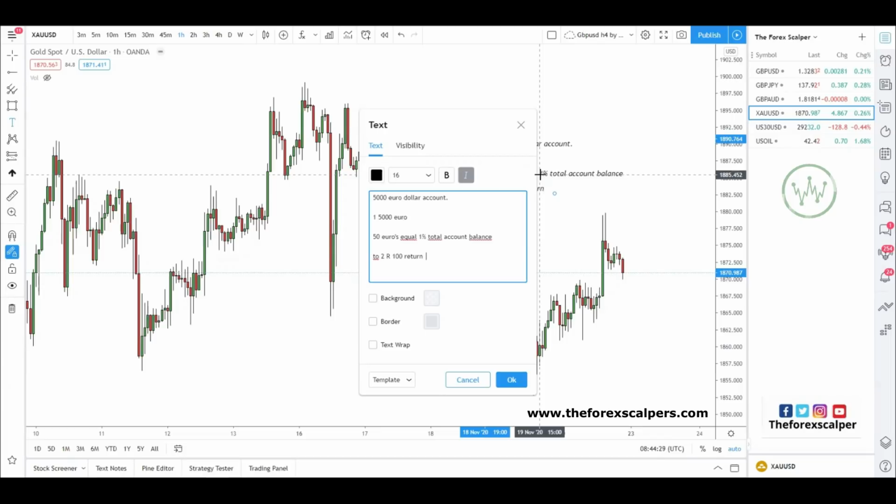So you aim for 2% and you're risking 1%. If you're aiming for a better reward, you could go for 3R on the 50, a return of 3%.